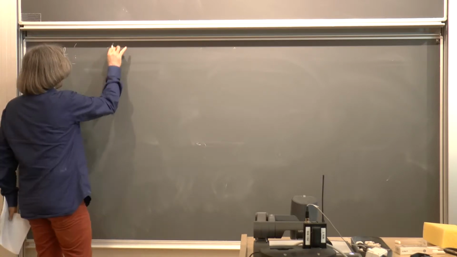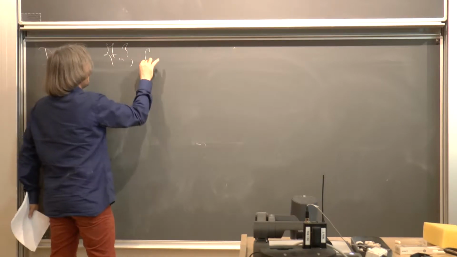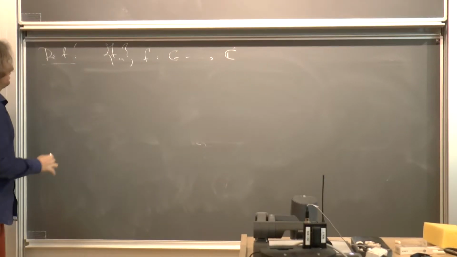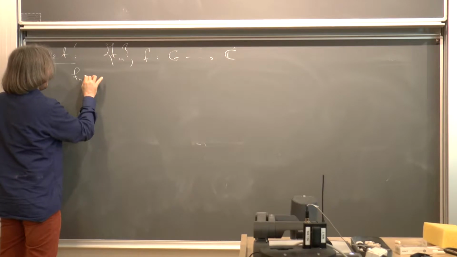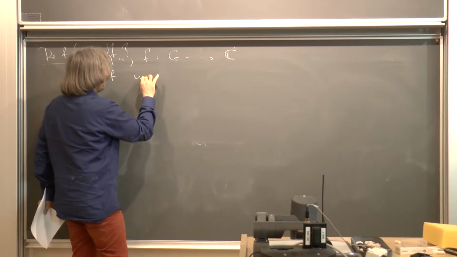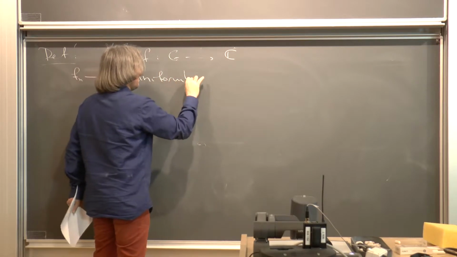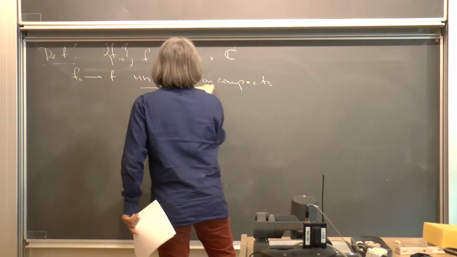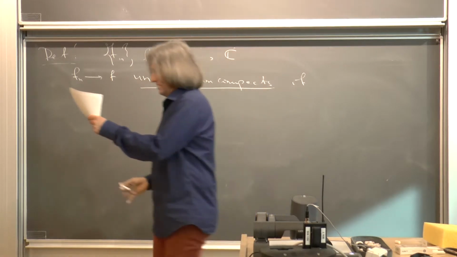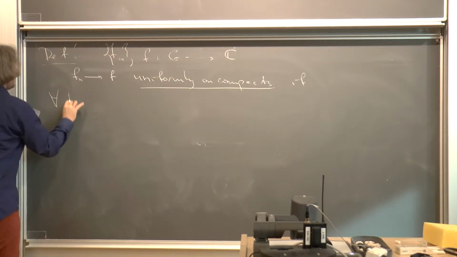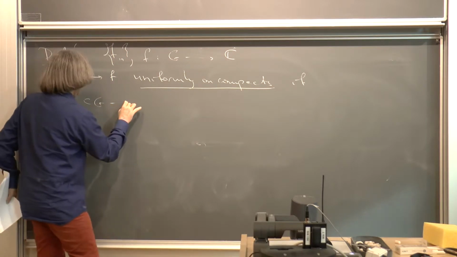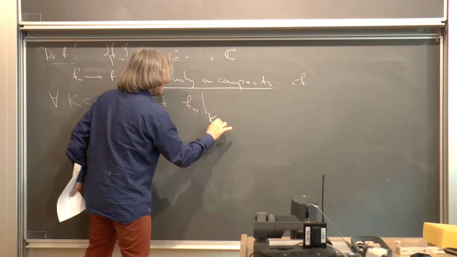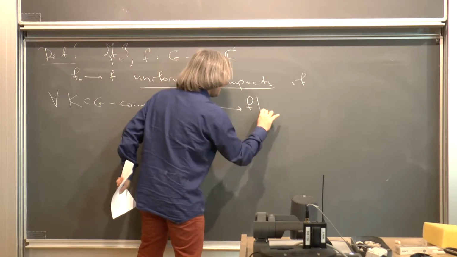In the same situation, so F_n and F are functions on G. F_n converges to F uniformly on compacts if indeed for any K in G compact, F_n restricted to K converges to F restricted to K uniformly.